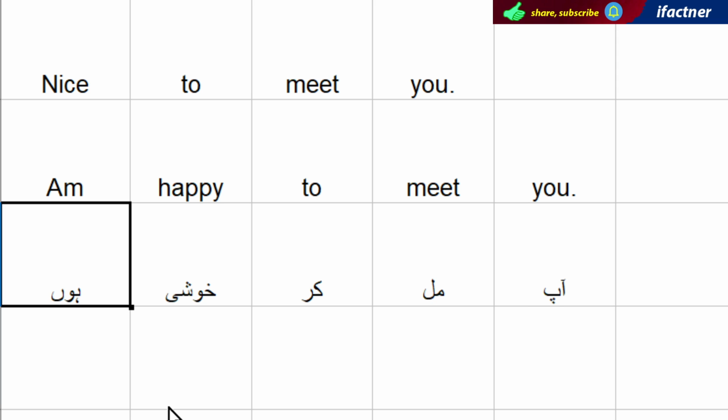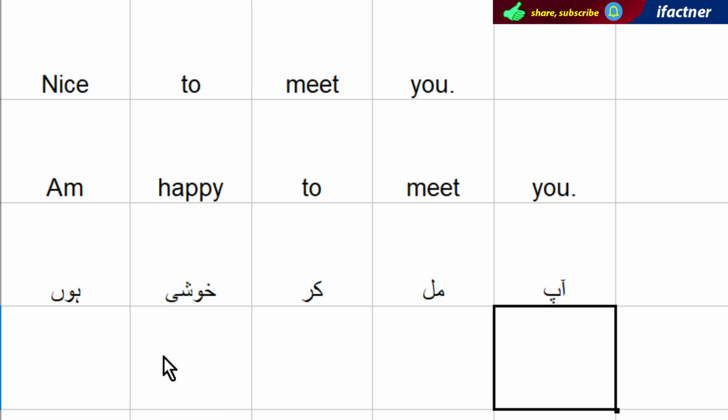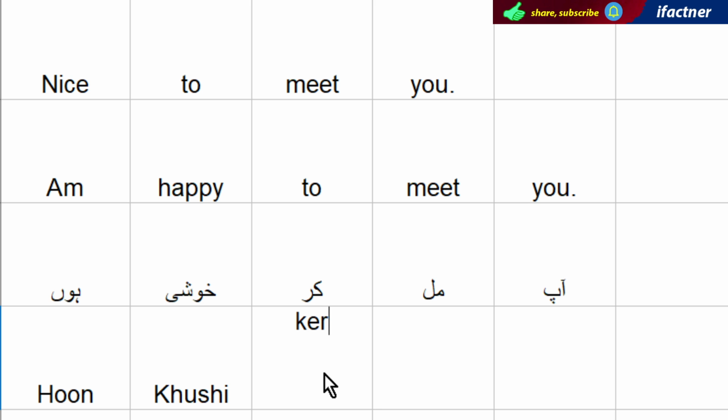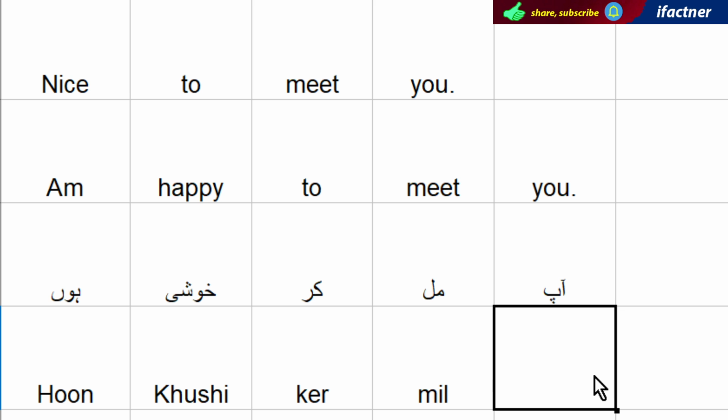So let's type it in Roman Urdu. Hoon is hum. Happy is khushi. To is kar. Meet is mil. And you is aap.